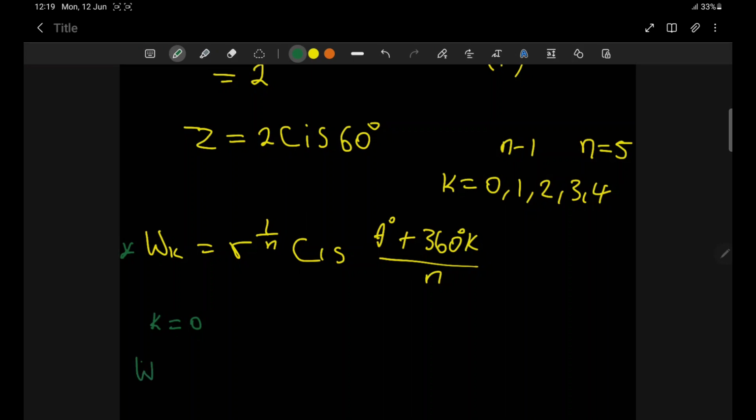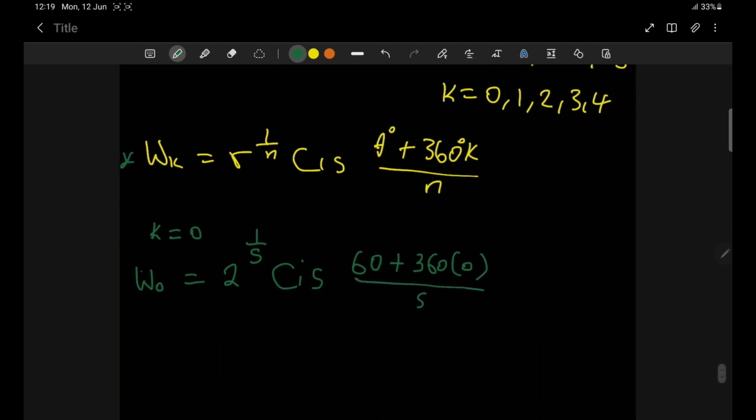So we'll have w of 0 is equal to r, our r we say it is 2, so 2 raised to 1 over 5, cis of our theta, which is 60 plus 360 multiplied by 0 over 5. Then we simplify it.